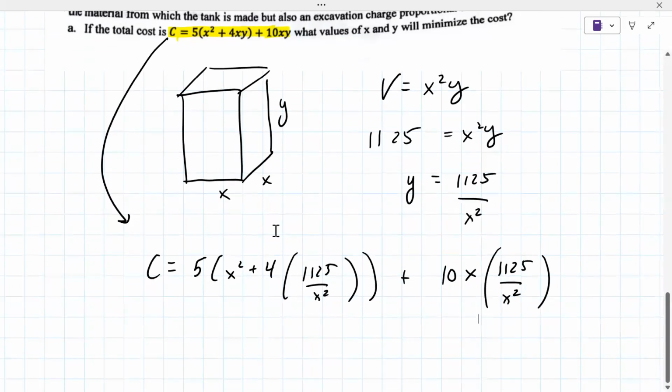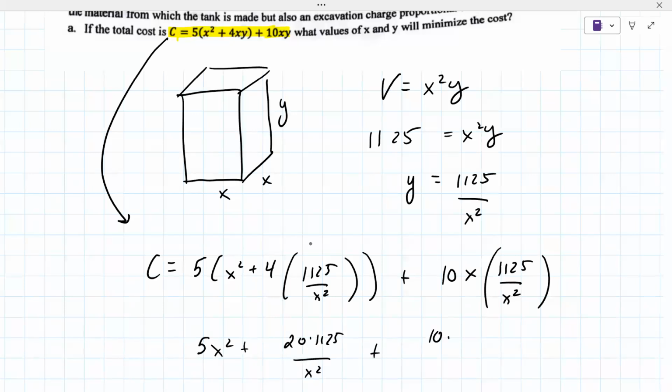And it is a good idea to simplify. So that becomes whatever it becomes, 5x squared plus 20 times 1125 over x squared plus 10 times 1125 over x, something like that. Now, are these pure calculator problems?